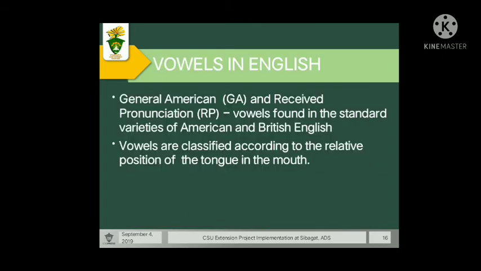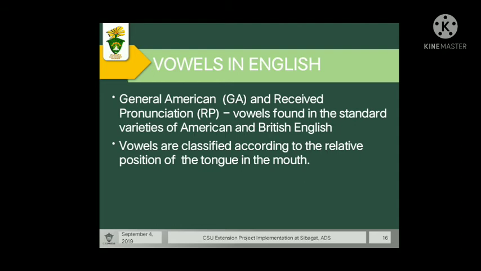Okay, so vowels in English. While the number of consonants across dialects of English is relatively constant, with vowels there is considerably more dialectical variation.